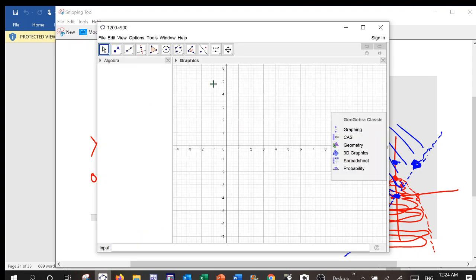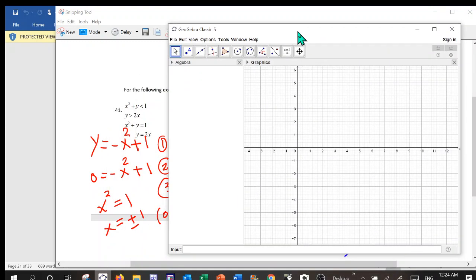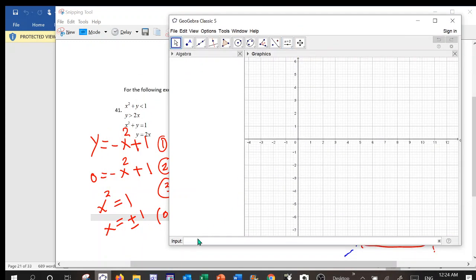Now, with technology, of course, we can easily do these things nowadays. So let's do it with technology here. I'm going to graph this. I'm going to put x squared plus y less than 1 there. And that's GeoGebra, of course.